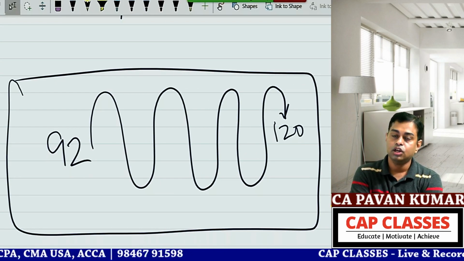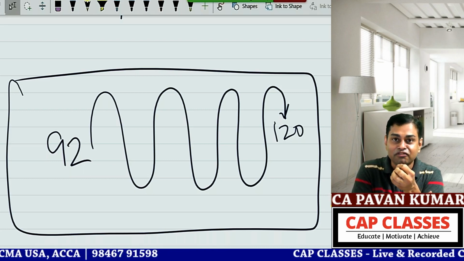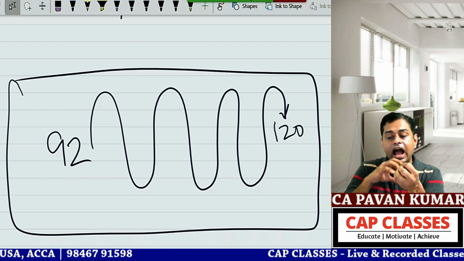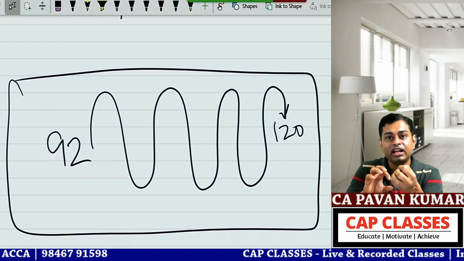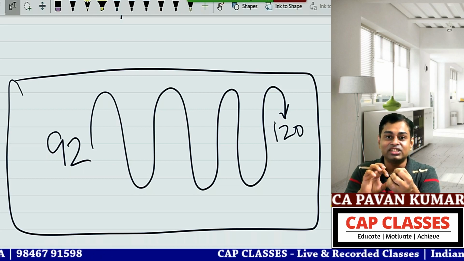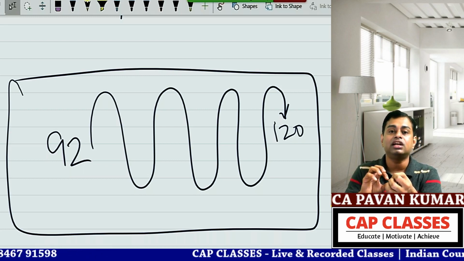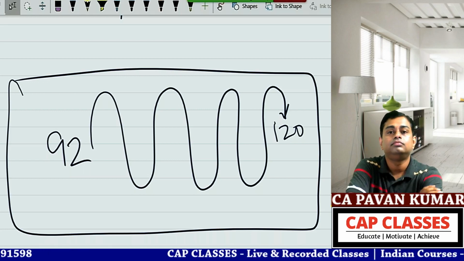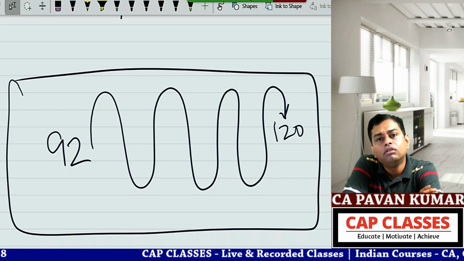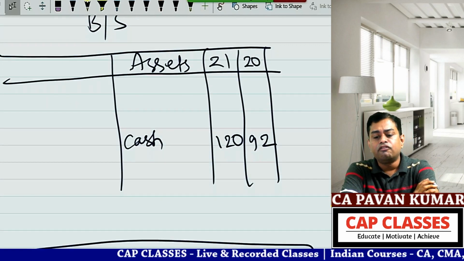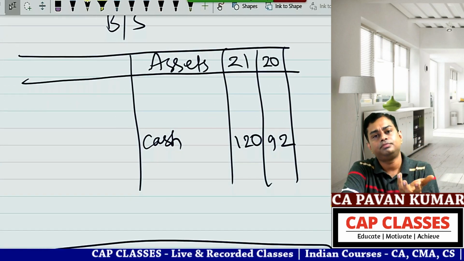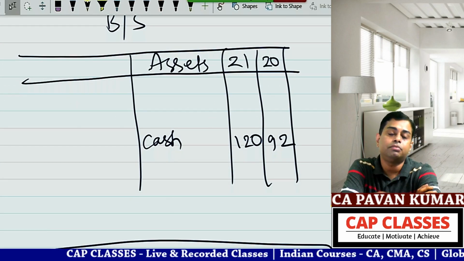Yes. So take the opening balance of cash, add or minus operating activity, add or minus investing activity, add or minus financing activity. That should be closing. Simple, no? So how has this 92 become 120? That is the cash flow statement.